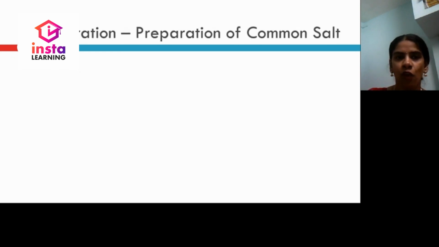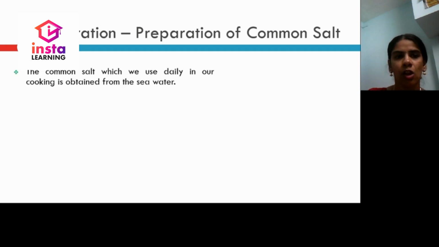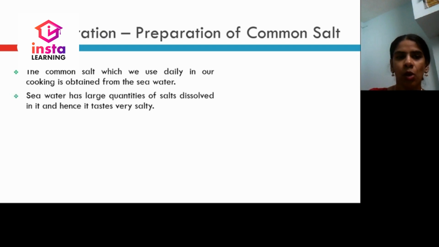The application of the evaporation process is seen in the preparation of common salt. The common salt which we use daily in our cooking is obtained from seawater. Seawater has large quantities of salts dissolved in it, and hence it tastes very salty.